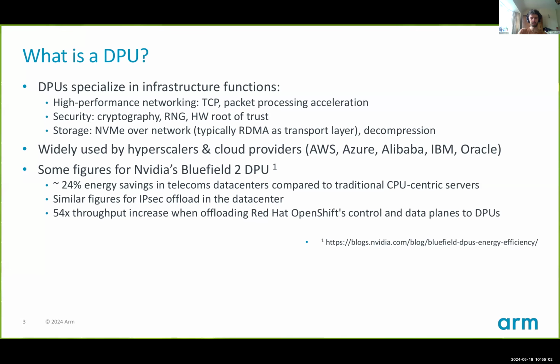So that's in terms of energy savings. Now, in terms of performance, they showed that you could get up to 50x more throughput if you're using DPUs as opposed to traditional servers.